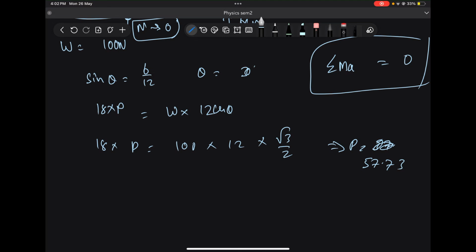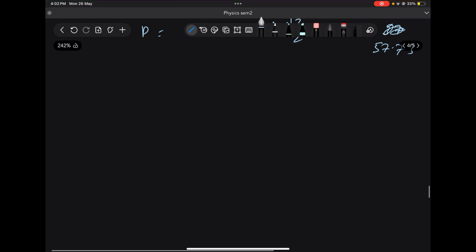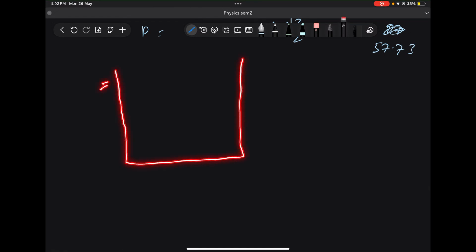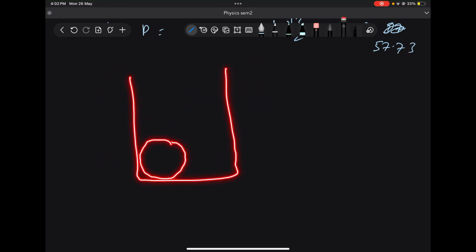Now, there are some other ways that you may be asked to do. So there is another sum which you may be given, and think of these sums in your own way. So take any values you want to and solve them and see how the questions are appearing. Let's say there is one ball over here which is holding a larger ball like this.